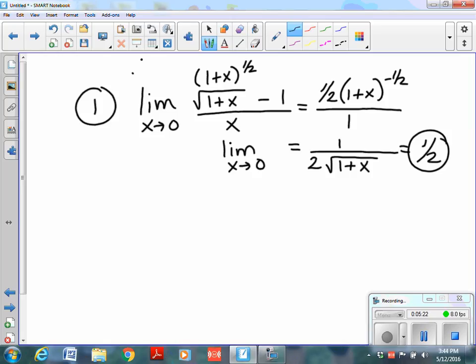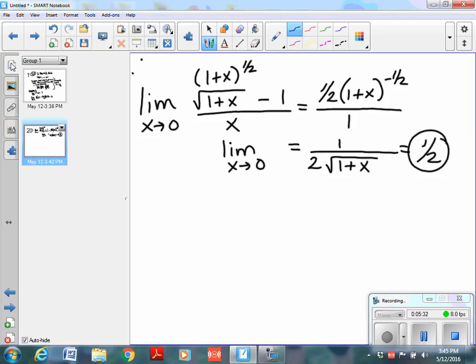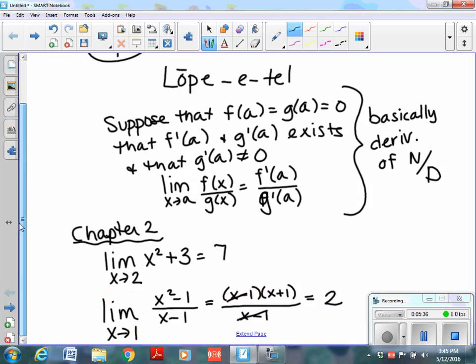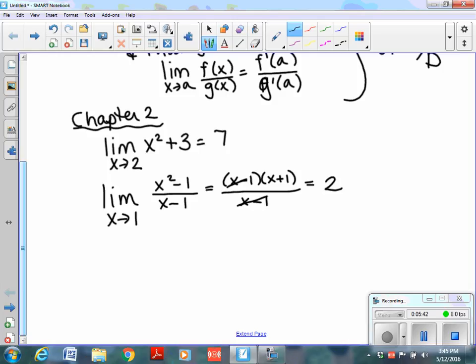L'Hopital's rule is basically taking the derivative of the top and the derivative of the bottom if it turns out to be 0 in the denominator. I want to go back to chapter 2 again, and you're going to say, aha! So, problem number 1 was easy, but problem number 2 didn't work, correct? So we learned how to factor it in chapter 2. Let's use L'Hopital's rule.